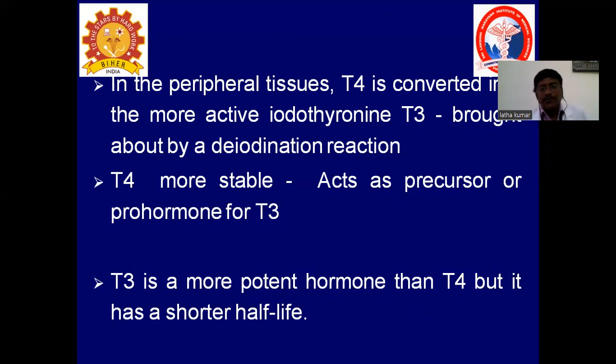And in the peripheral tissue, after reaching it through the blood, T4 is converted into the more active iodothyronine T3, brought about by a deiodination reaction. T4 is more stable and acts as a precursor or pre-hormone for T3.